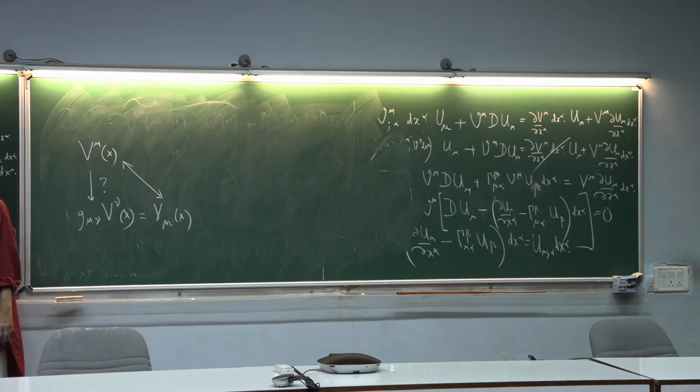Then someone will say, can we do the reverse? Given any covariant vector field, can we get the contravariant vector field? You can do it provided your metric tensor as a matrix is invertible.